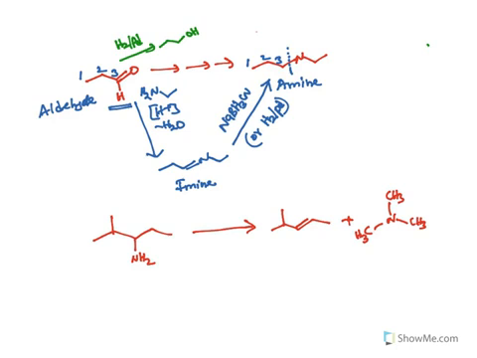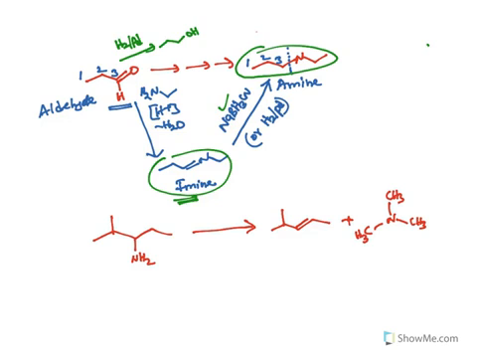What we want is to transform the imine into an amine. So the use of sodium cyanoborohydride selectively reacts with an imine to form the amine without affecting the other things in the reaction mixture.